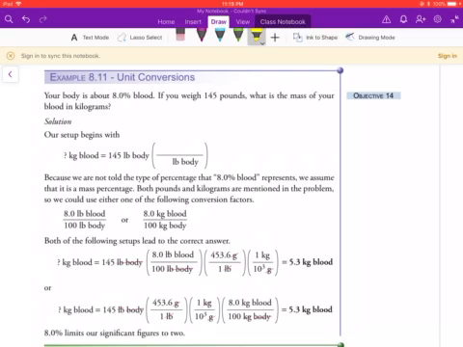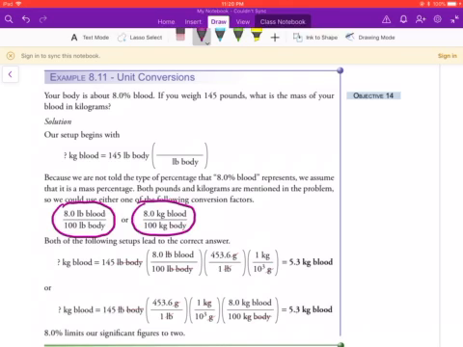That percentage gives you this conversion factor: 8.0 pounds to 100 pounds, blood to whole body weight, or whatever unit you want, 8.0 kilograms to 100 kilograms, blood to body weight.